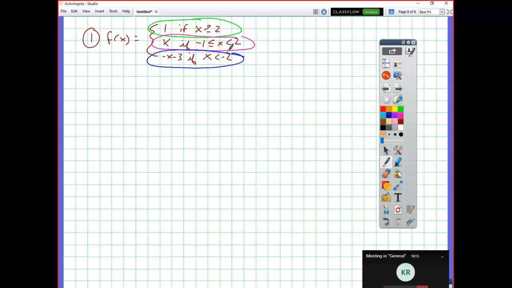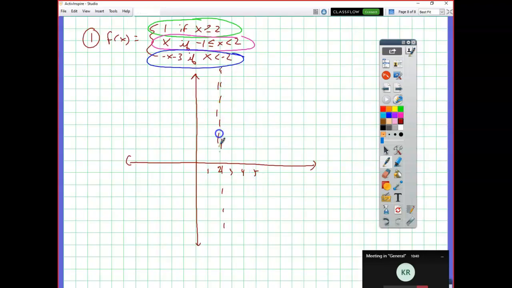Okay. All right, Miss Farrell, let's do this problem together. F of x equals 1 if x is greater than 2, right? So, x is greater than 2 is, this is x equals 1. That's 2, that's 3, that's 4, that's 5. So since this is 2, it's going to be this way and over.